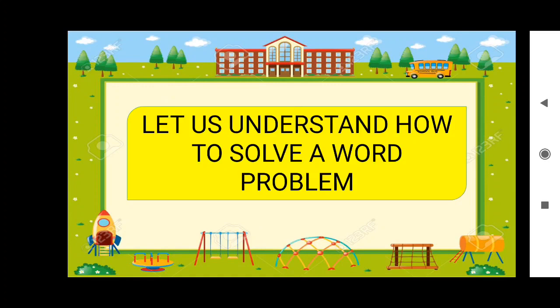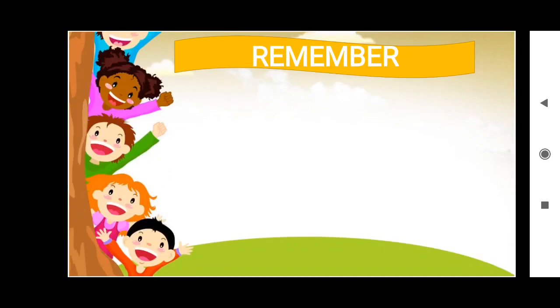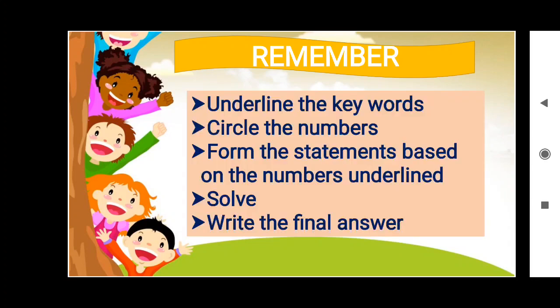Now let us understand how to solve a word problem. So these are the steps you have to remember while you solve a given word problem. The first step is underline the keywords.